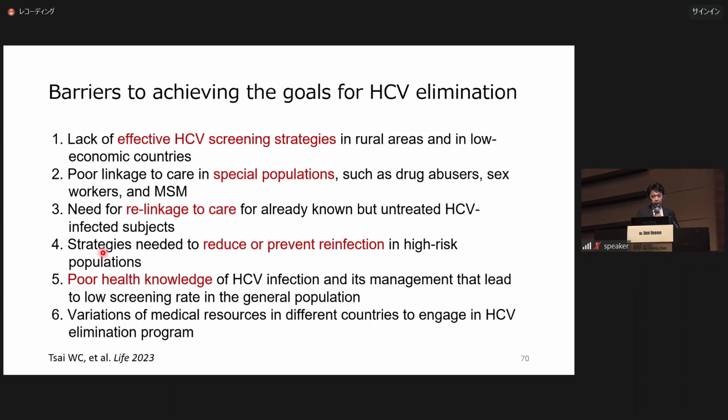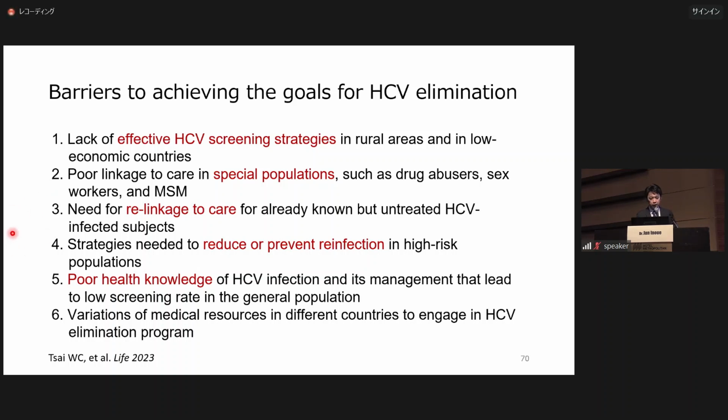Anyway, there are barriers to achieving the goals for HIV elimination. Lack of effective HIV screening strategies in rural areas and in low economic countries, and poor linkage to care in special populations such as drug abusers, sex workers, and MSM.